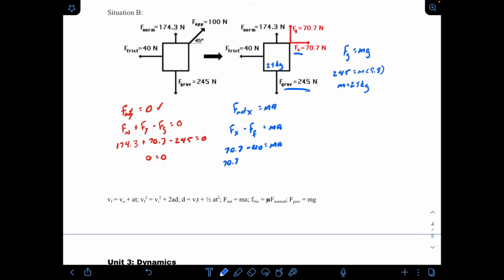So 70.7 minus 40 over 25 should give me the acceleration of the object. So 70.7 minus 40 divided by 25 gives me an acceleration of about 1.23 meters per second squared in the positive direction here.